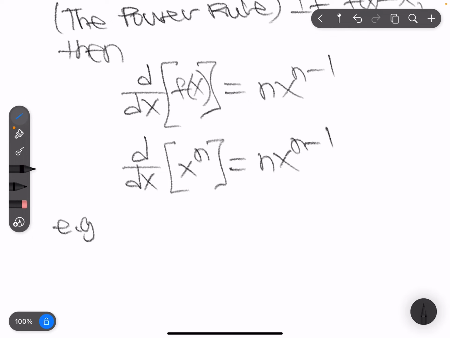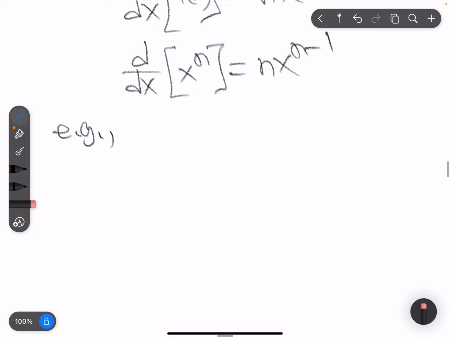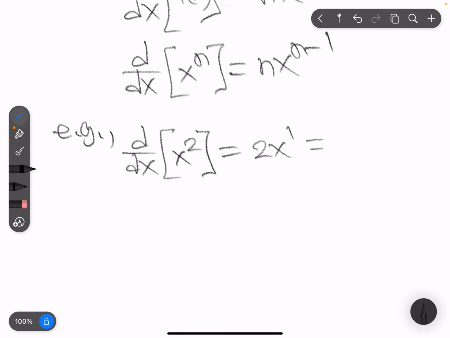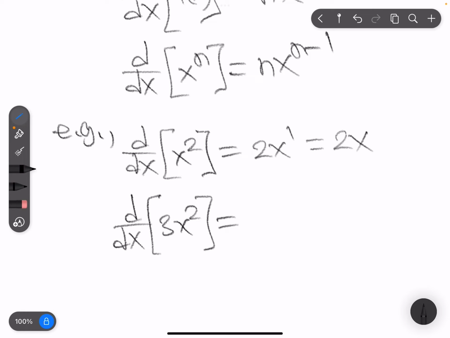So let's look at some examples here. So the derivative of x squared is 2x to the 1, which is 2x. Derivative of 3x squared is 6x.